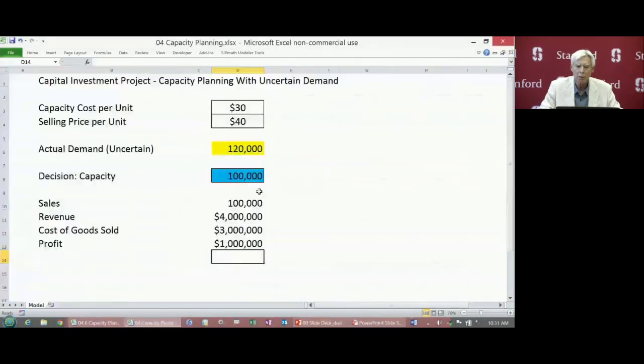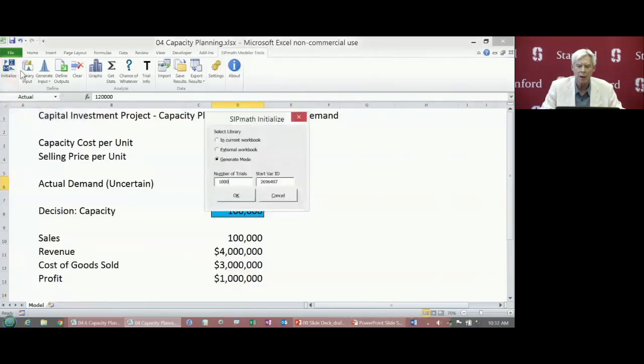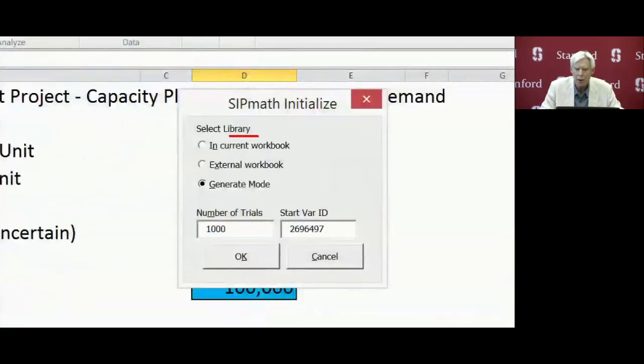Now I'm going to go back to this model, and I'm going to open the SIPmath tools. Now there's a free version of these out on the website, and everything I'm doing here I could do by hand in Excel, but the tools make it a lot easier, and they're free. So first thing I'm going to do is initialize my model, and I'm going to say select a library to plug into.